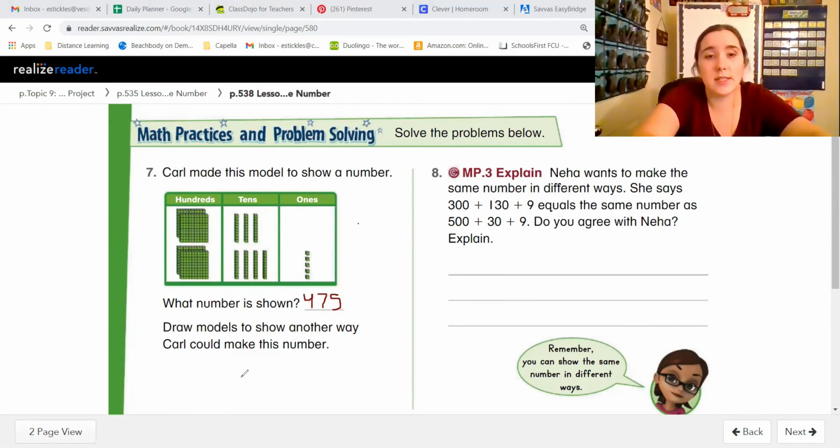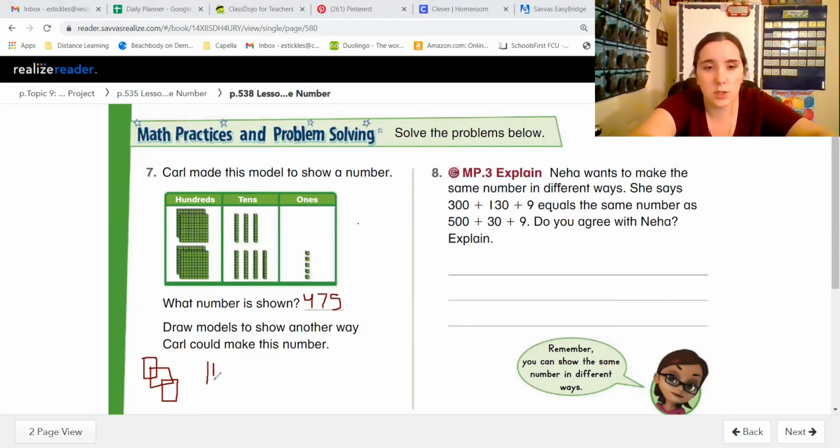And our problem says draw models to show another way Carl could make this number. So I'm going to make it pretty easy on myself. I'm going to take one of my hundreds flats and turn it into tens. So I wouldn't have 4 hundreds flats, I would have 3. So 1, 2, and 3. And then I'm going to draw my 7 tens.